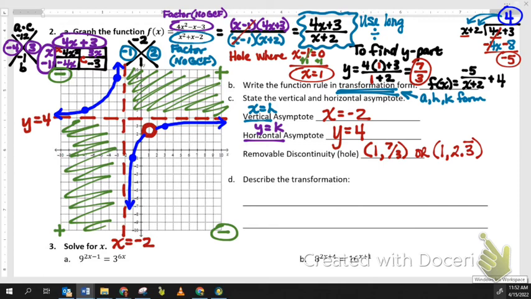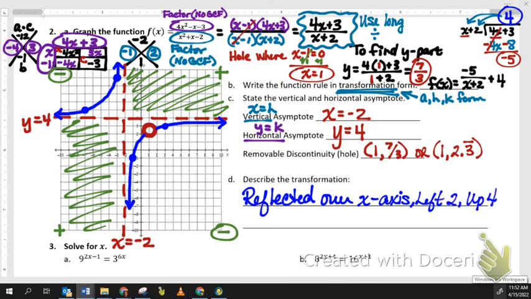How would you use words to describe this transformation? It has been reflected over the x-axis. To the left 2. Up 4.